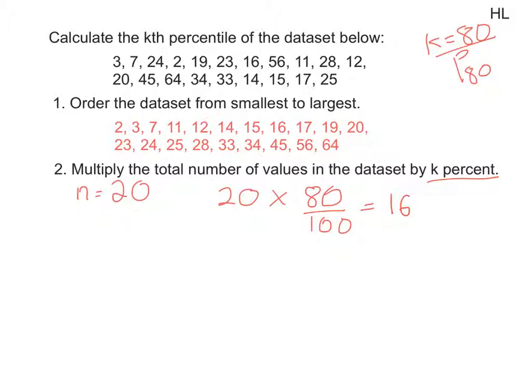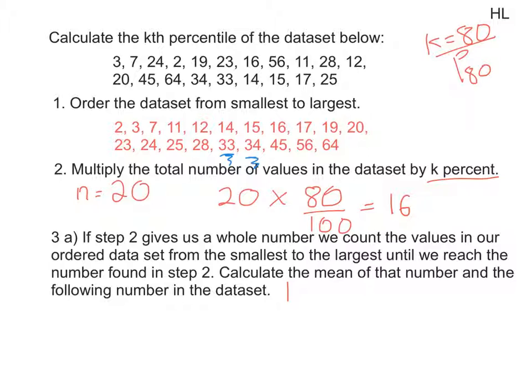Since our value is a whole number, we count the values in our ordered data set from the smallest to the largest until we hit the value we have just calculated. In this case, the 16th number is 33. So we take 33 and the following number, in this case 34, and we find the average of them to get our 80th percentile.